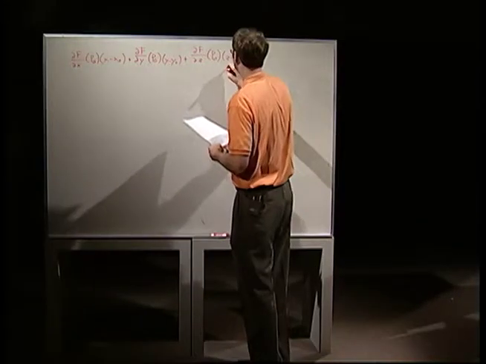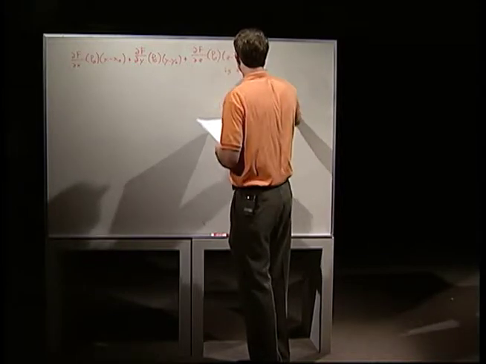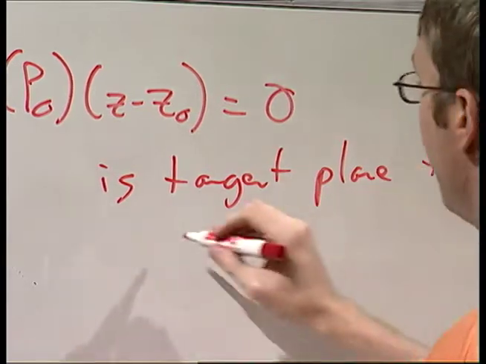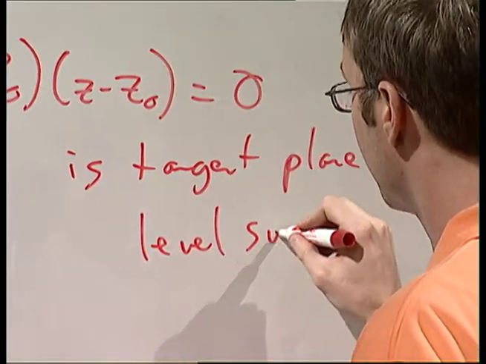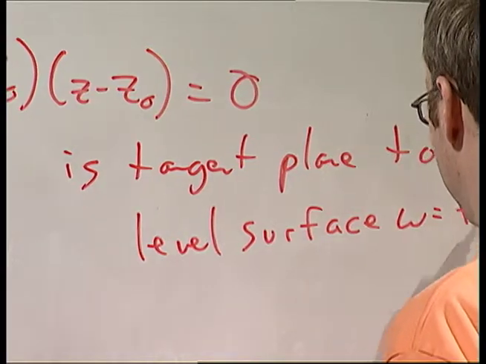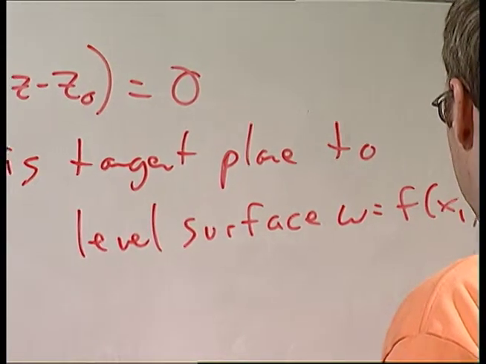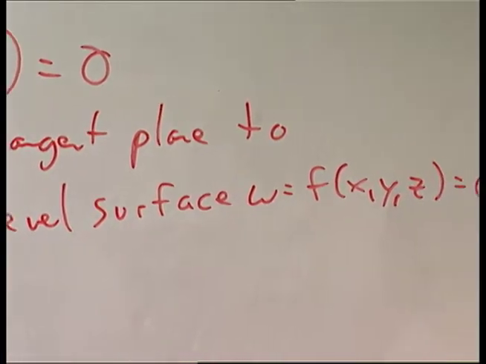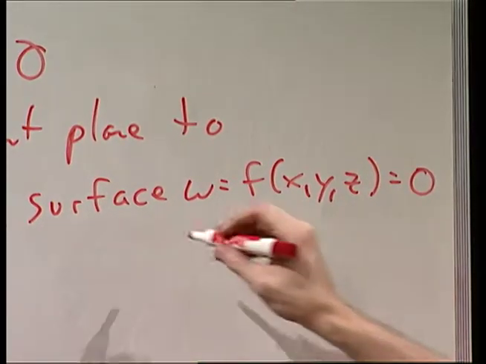So this is the tangent plane to the level surface W equals f of x, y, z equals 0 at p naught.